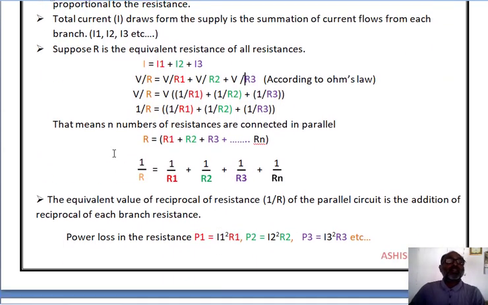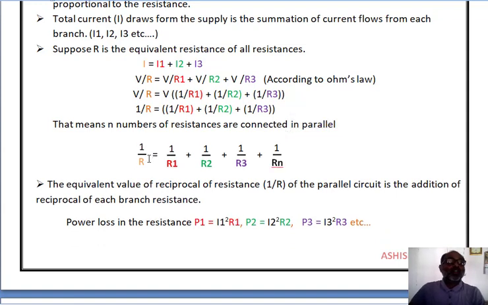That means if we connect n number of resistances in parallel, 1 upon R is equal to 1 upon R1 plus 1 upon R2 plus 1 upon R3 plus and so on up to 1 upon Rn.